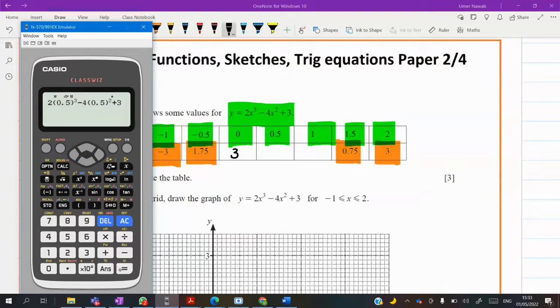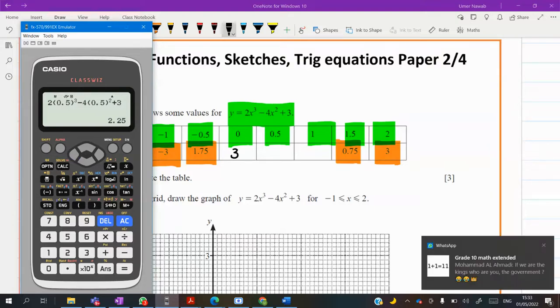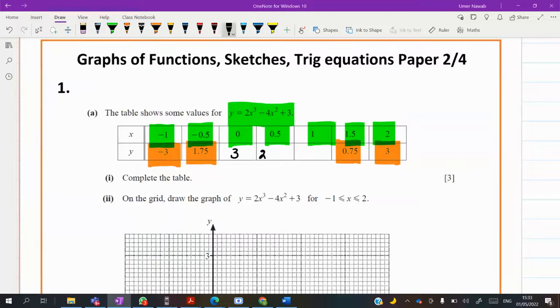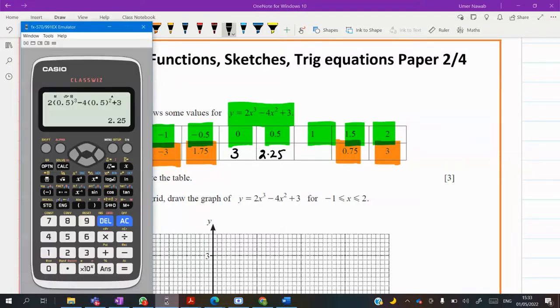Now see what the answer comes. It's 2.25. So 2.25 we are going to write. And now I'm going to change my value of x, which was 0.5, to 1, and it gives me 1.